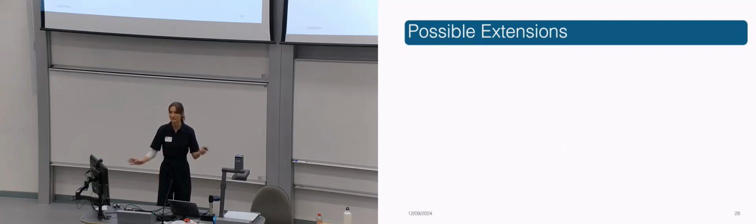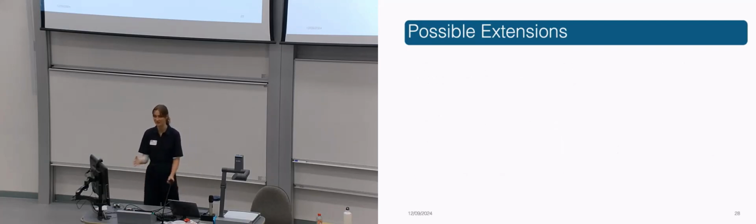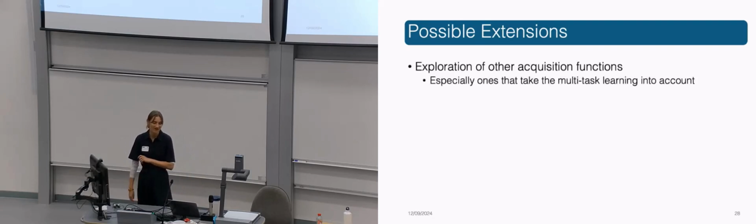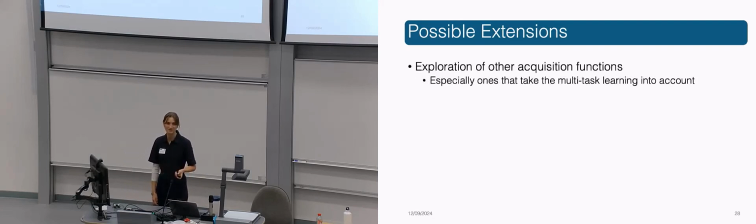Possible extensions, or things I wish I could have done if I had more time, are a better exploration of the acquisition function. Something quite interesting would be a transfer learning acquisition function that takes into account the fact that you're learning multiple surfaces at the same time.